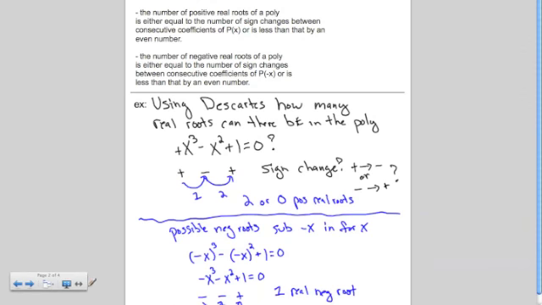There's the example. We'll do another one. Again, Descartes' rule is just an estimation of how many real solutions. Again, you can use your calculator, and we're going to do that right now.